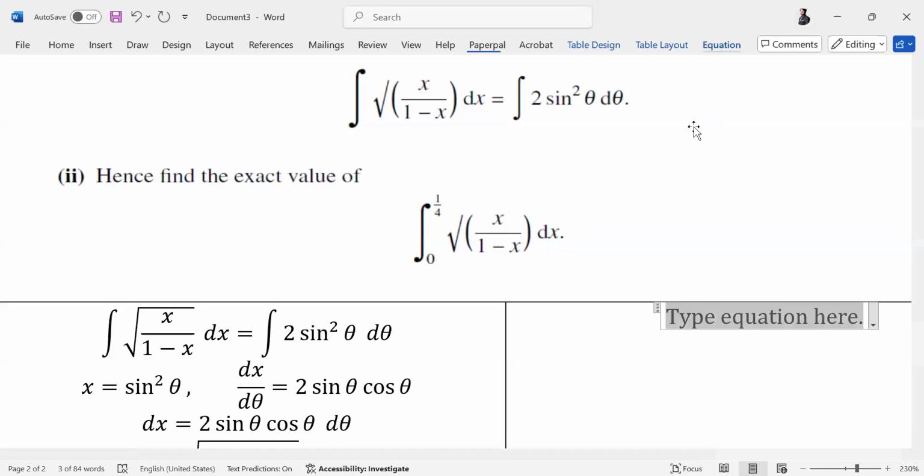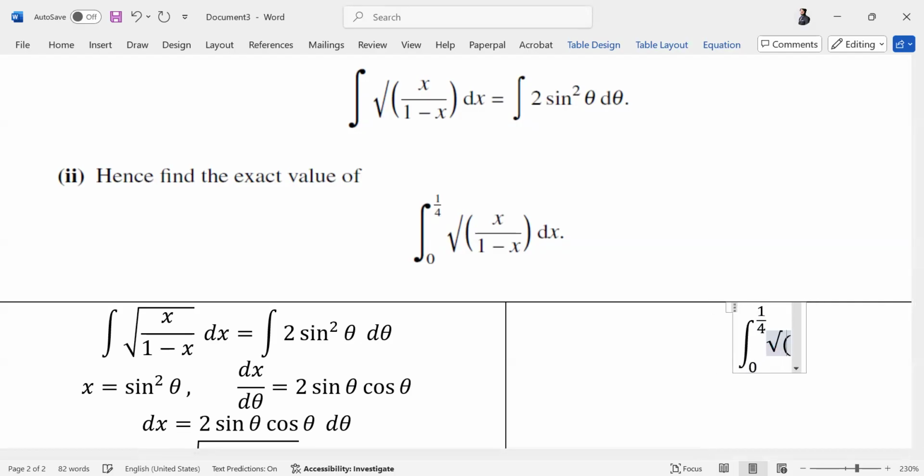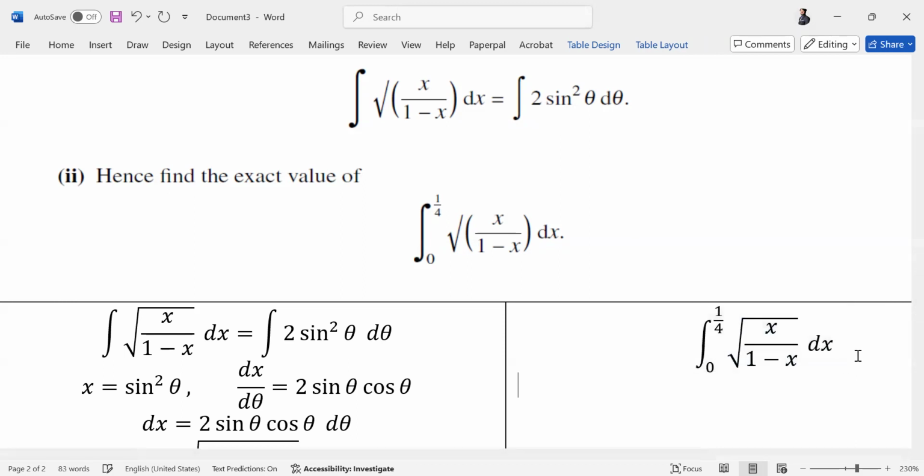But now the question says कि अब वो limits भी आ गई, so it's a definite integral. Now these limits are values of which variable? X. And we have decided to integrate this entire thing with respect to theta.